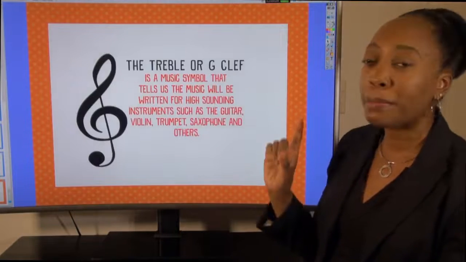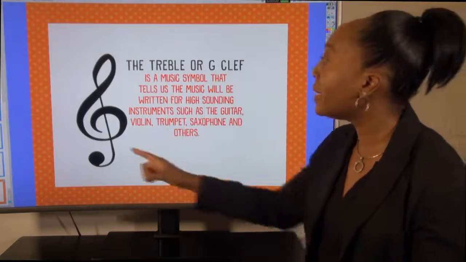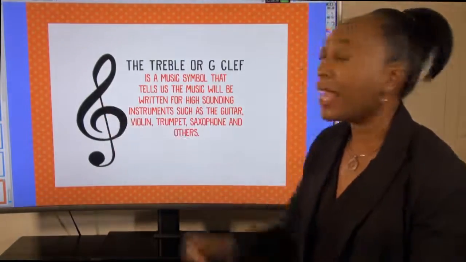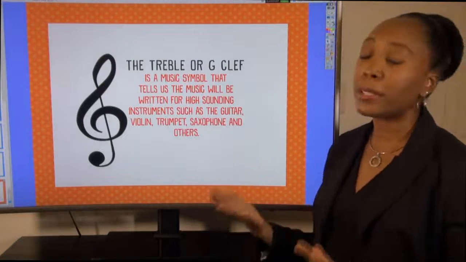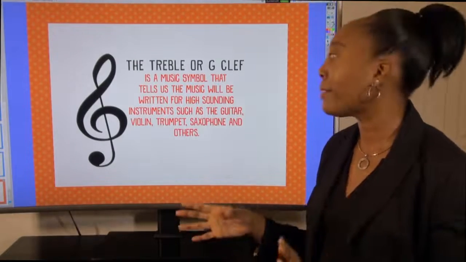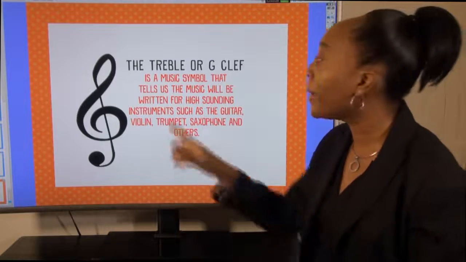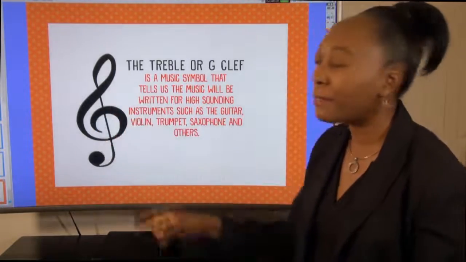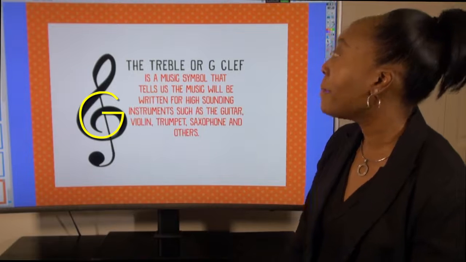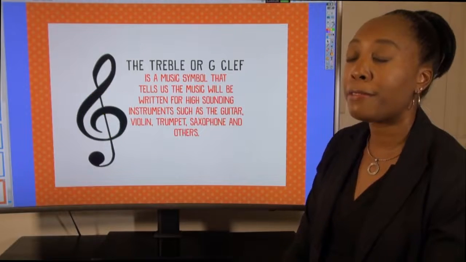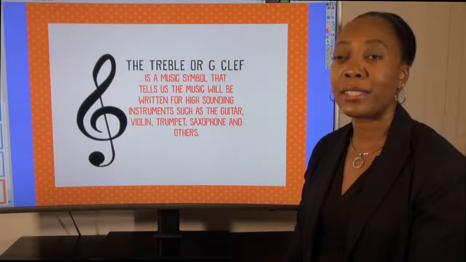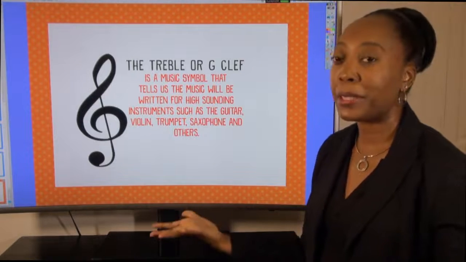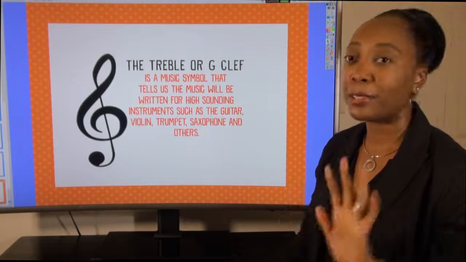All right, now it's important to mention that this beautiful symbol is called a treble clef, but it's also known as a G clef. And some kids like to say, it kind of looks like a G, a very fancy G, but it is the treble clef or the G clef. So if you hear someone say, that's the G clef, they're absolutely correct, because it has 2 names.